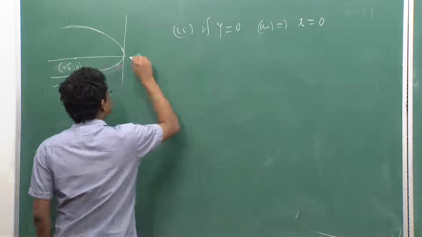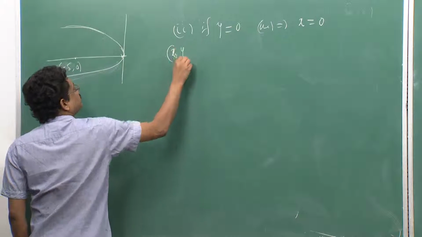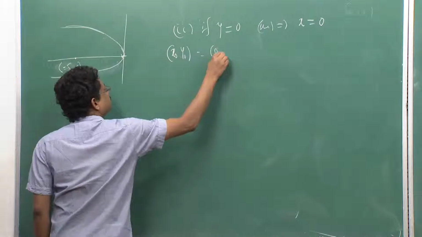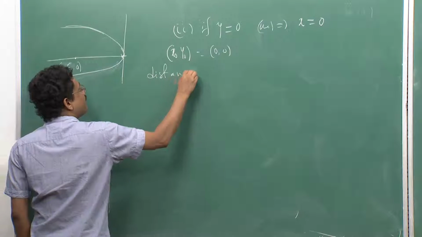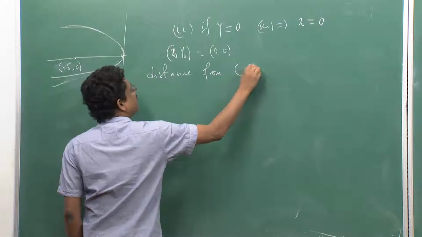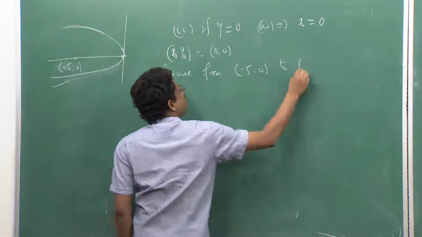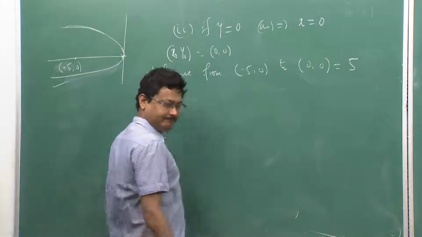So, the point is the origin (0, 0). And the distance from (-5, 0) to (0, 0) is simply 5, right.